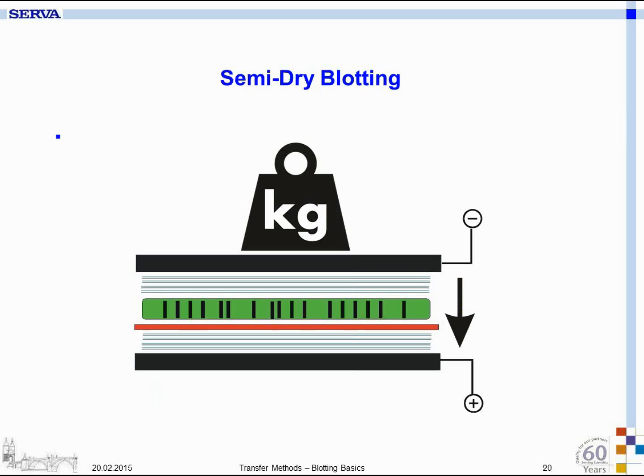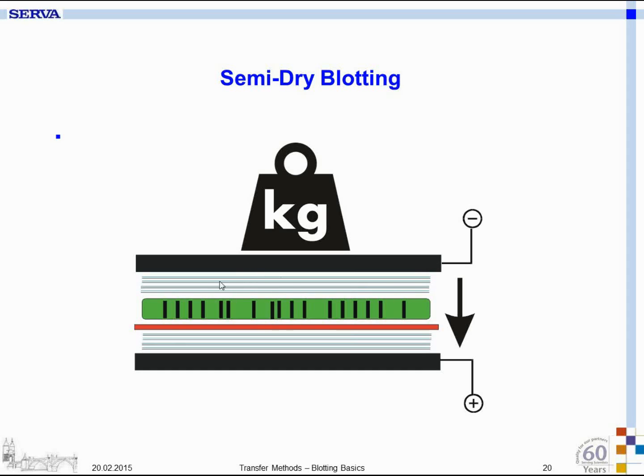In semi-dry blotting, in practice, people always use a weight on the system, because then they avoid a building up of electrolysis gases. You know, electrophoresis and also electric transfer and blotting cause the build-up of electrolysis gas, oxygen on the anode and hydrogen on the cathode.